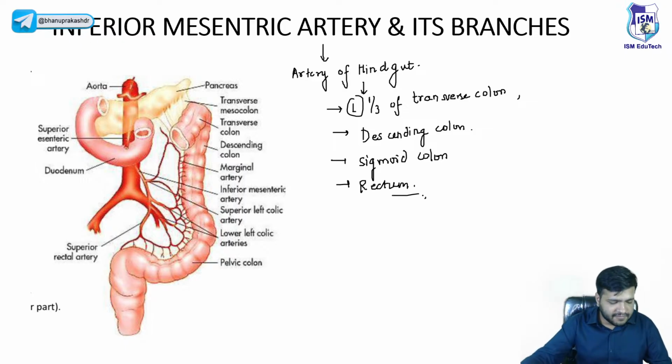So we have the left one third of the transverse colon, the descending colon, the sigmoid colon and the rectum.